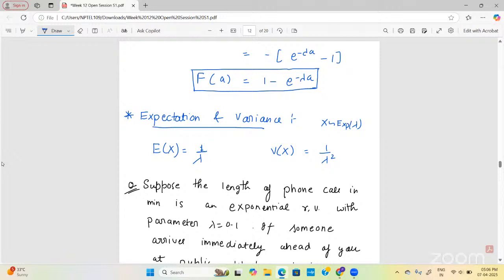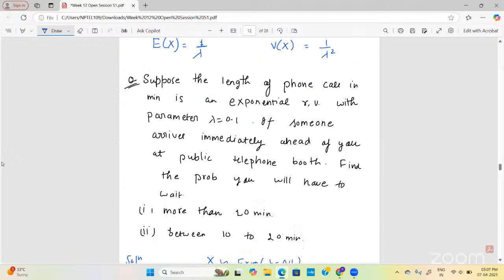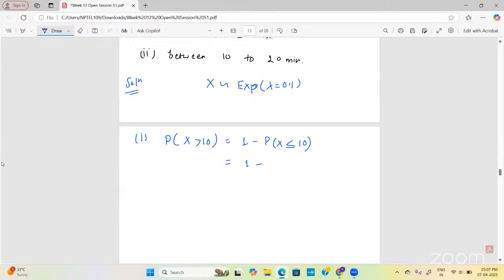Okay, so if you have to find the CDF at a point A, then the formula is 1 minus e to the power minus lambda into A. Here we have to find the CDF at point 10, right? So it is 1 minus e to the power minus lambda into A, which is 10 here. Is this clear to everyone?